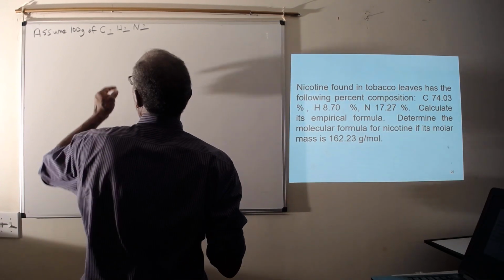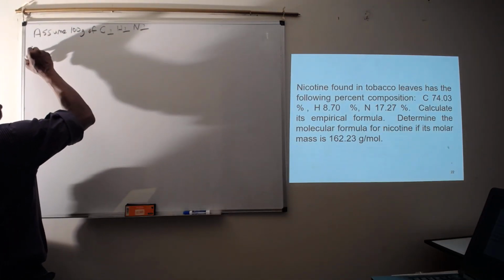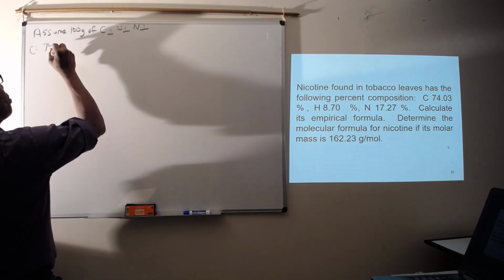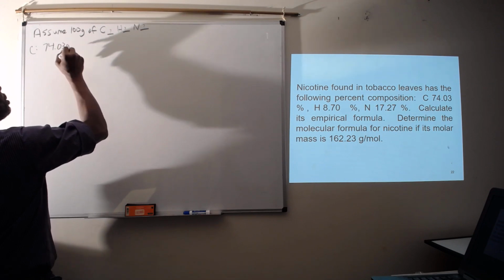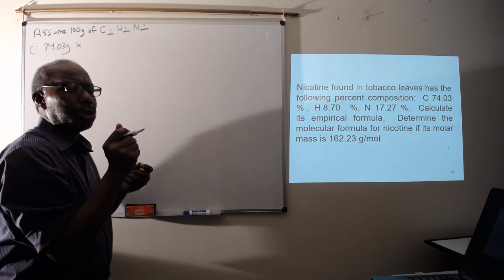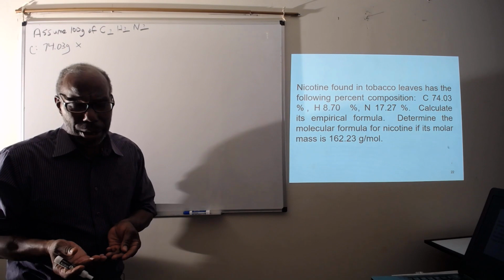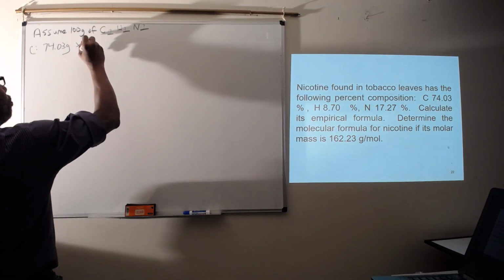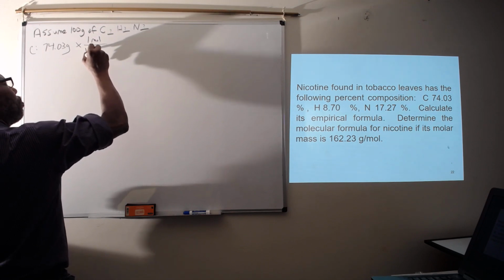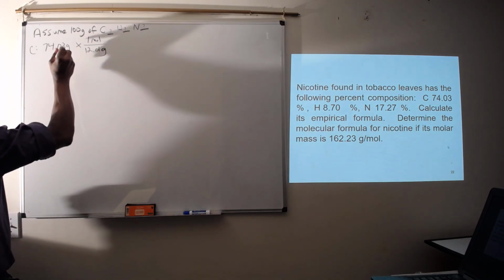So if we assume 100 grams of material, for carbon we have 74.03 grams of carbon, and we need to convert those to moles. The molar mass of atomic carbon is 1 mole per 12.01 grams.